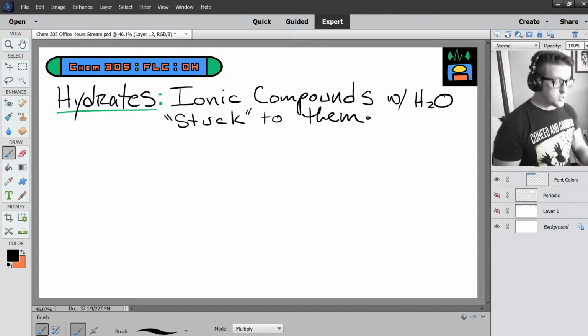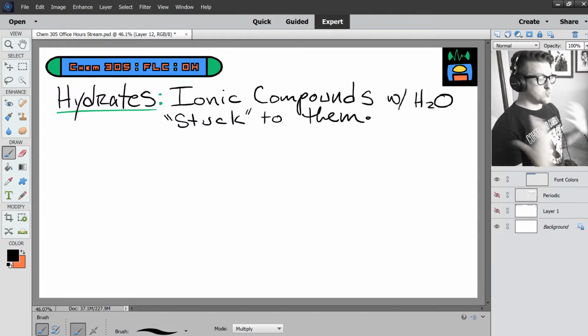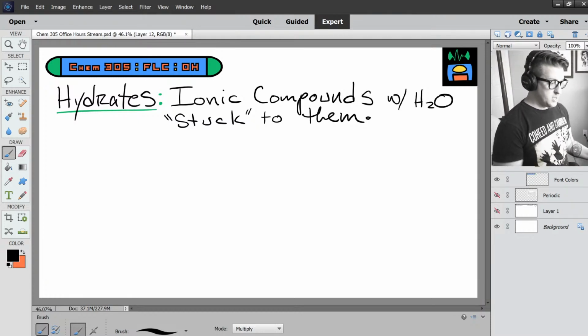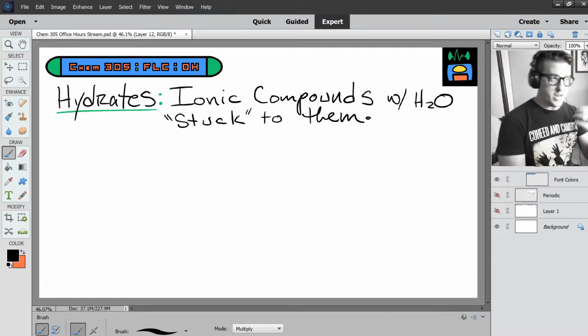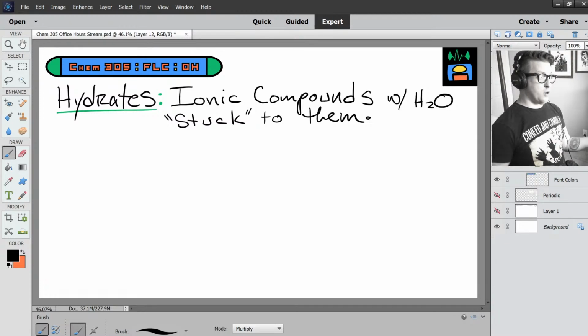All right, these are compounds that water is very strongly attracted to. And so when you expose them to air, they'll literally suck water out of the air. Water gets attached to them, stuck to them. And so that's what a hydrate is.